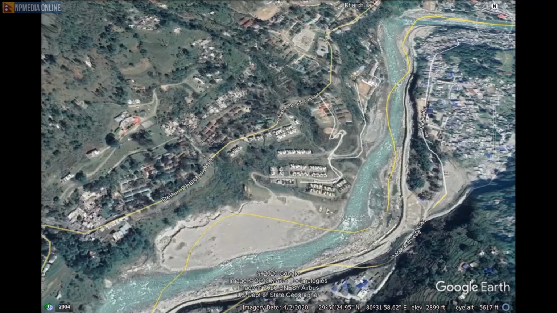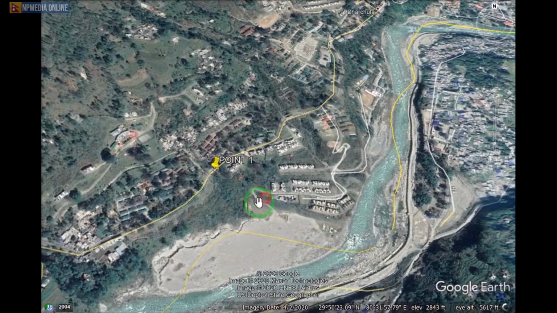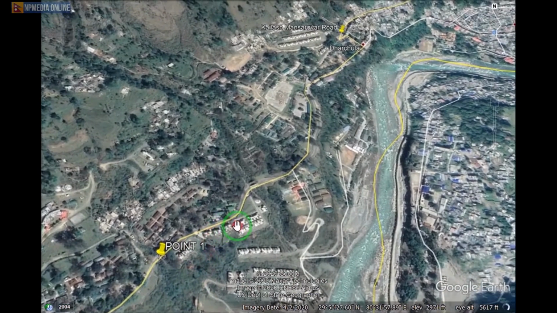In this video, we'll look at the Kailash Mansarovar road. Before that, let's look at some of the places. First, point 1. The Delhi to Darchula highway ends here, and the Kailash Mansarovar road starts.